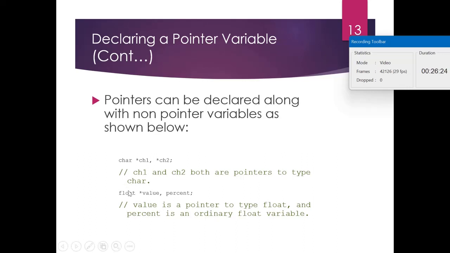Value is the only pointer; percent is just an ordinary floating type variable. It is not declared as a pointer.